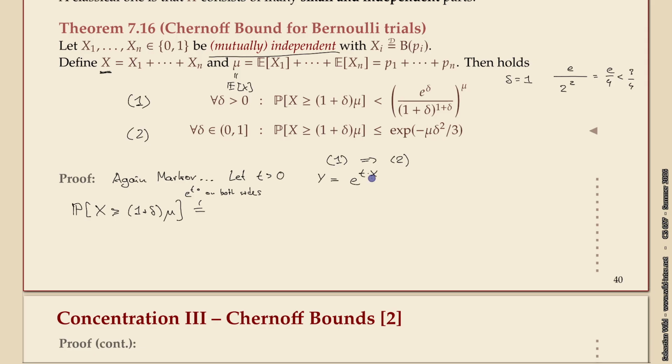So I get the y on this side. And on the right-hand side, I get this lovely expression, e to the t times delta 1 plus delta times mu. Okay, let's see what we can make of that. Let me stress here that this exponential is always greater than 0, so we can apply Markov's inequality to that guy.